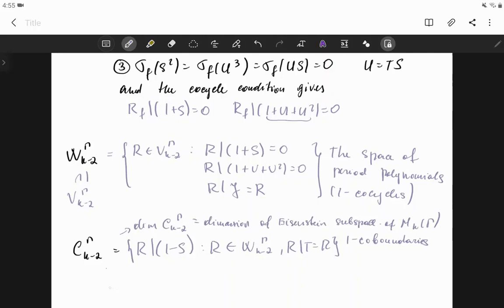Okay, so in particular, the first parabolic homology of SL2Z with coefficients in V sub k minus 2 gamma is isomorphic to, well, cocycles modulo coboundaries.